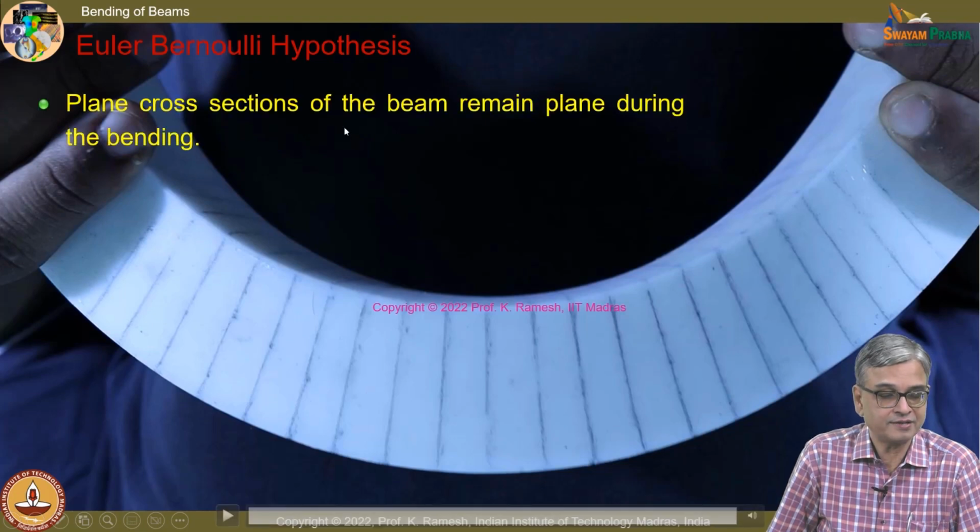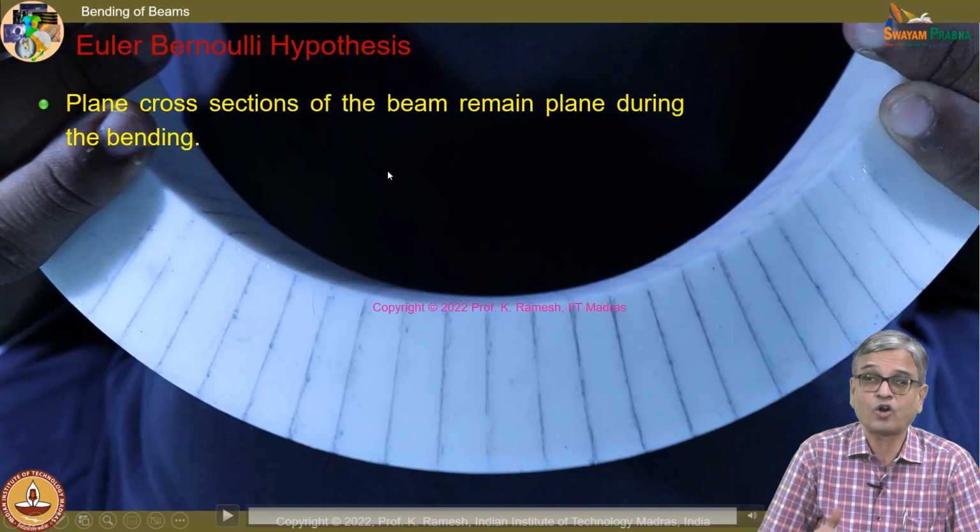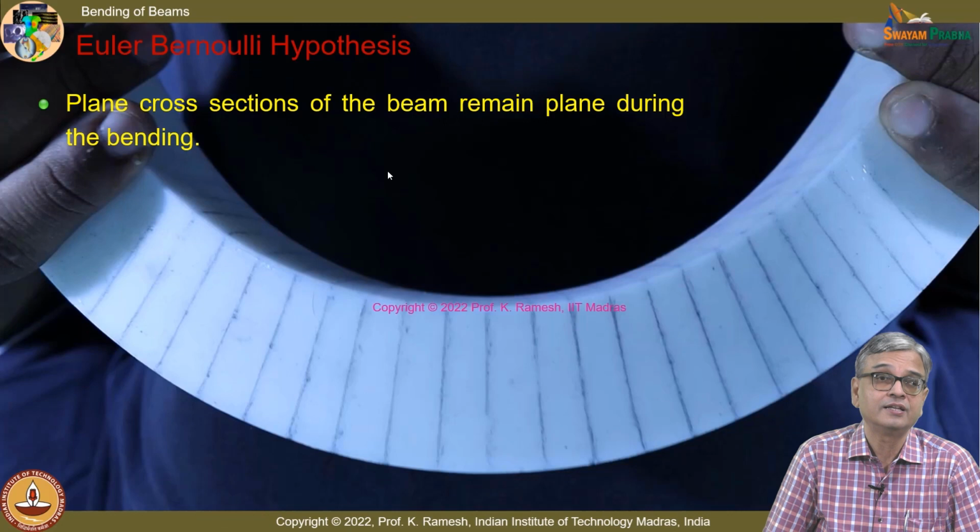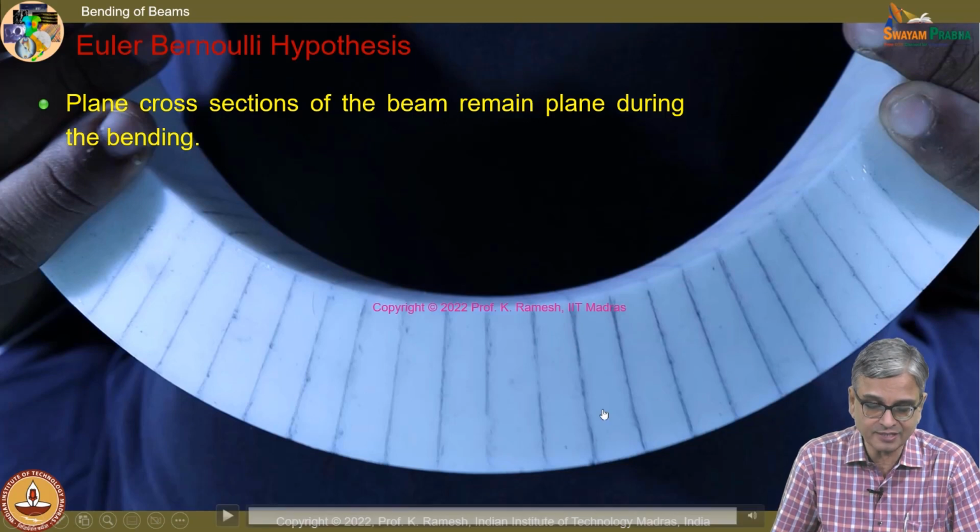And one of the idealizations of Euler and Bernoulli is that plane cross sections of the beam remain plane during bending. In contrast to torsion, we started with the right hypothesis in bending. In torsion, we started with the wrong hypothesis, and by experimentation, we proved that hypothesis is wrong. Here, we start with the right hypothesis, and the experiment supports the plane section; these lines remain straight, they do not get distorted.